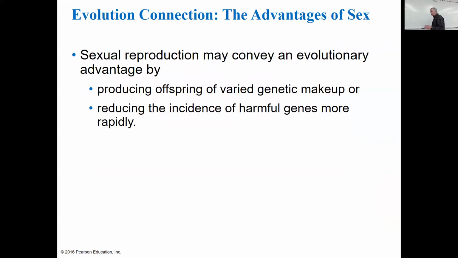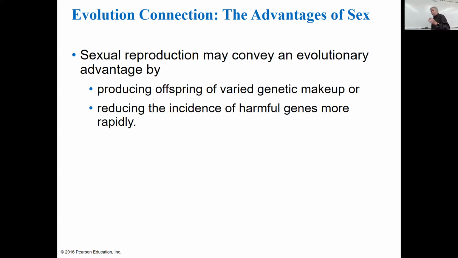Okay, so sexual reproduction may convey an evolutionary advantage by producing offspring of varied genetic makeup. For the Red Queen hypothesis, it's to make sure that you change your locks. Every generation you change the combinations of locks so that pathogens can't by chance get the keys and just wipe you out.